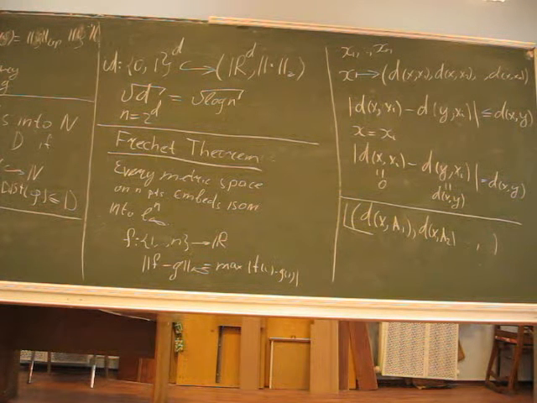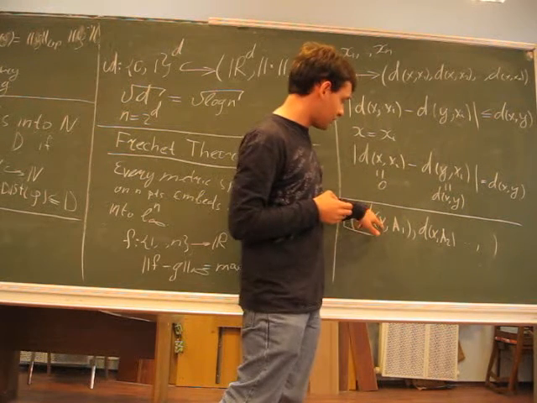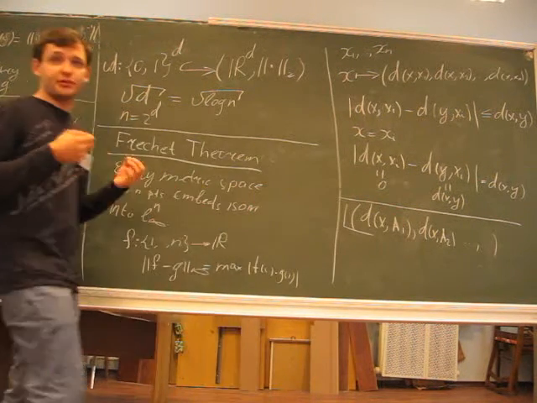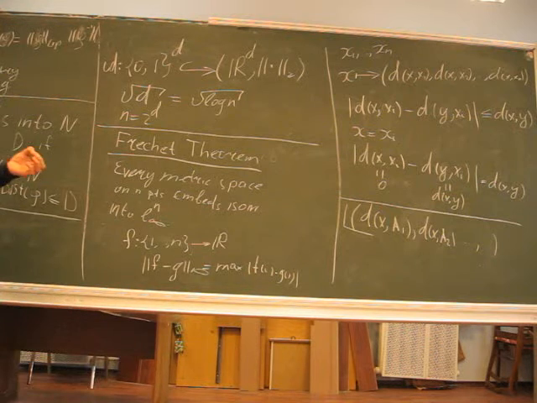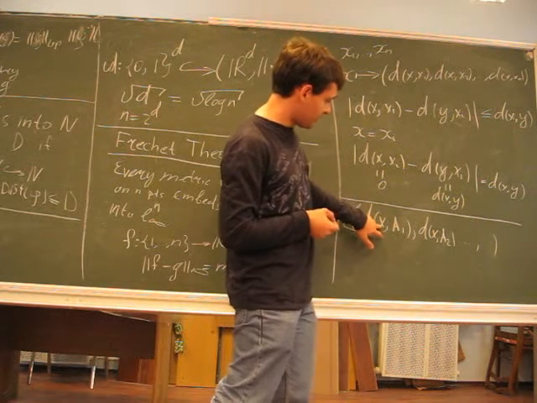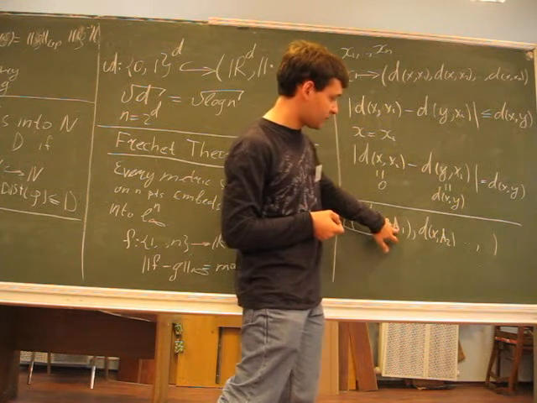But I'm sorry, what do you call a Fréchet type embedding? In a Fréchet type embedding, every coordinate is a distance from the point x to some set. So we produce some sets h1, etc., hm, and our embedding maps a point x to a vector whose first coordinate is equal to the distance from x to h1.